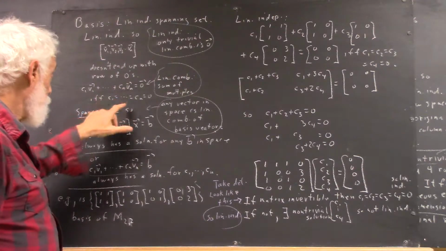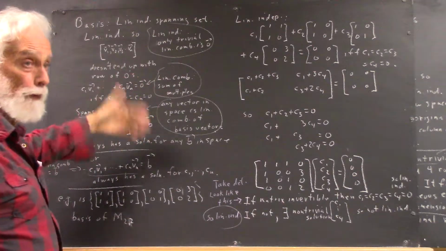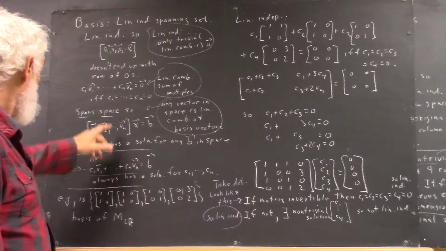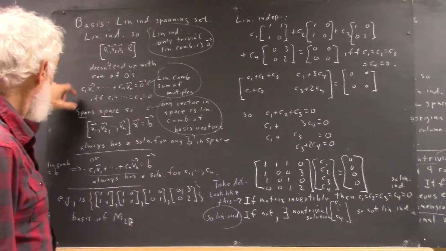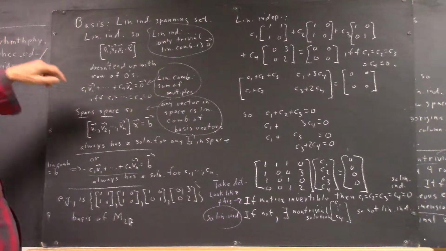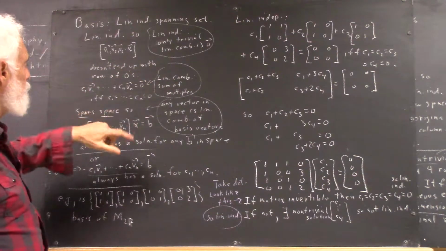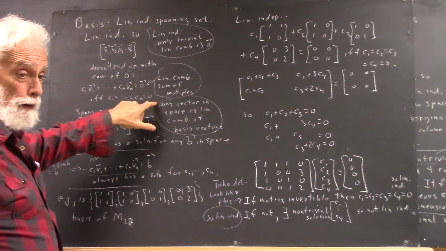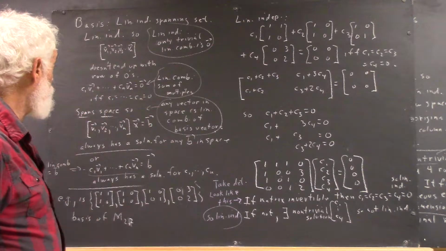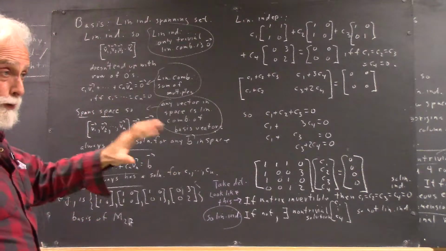Obviously, if all the constants are zero, then the sum of the multiples is going to be zero. But the condition is that this is equal to zero if and only if C1 through Cn are all zero. No other way for it to be zero.